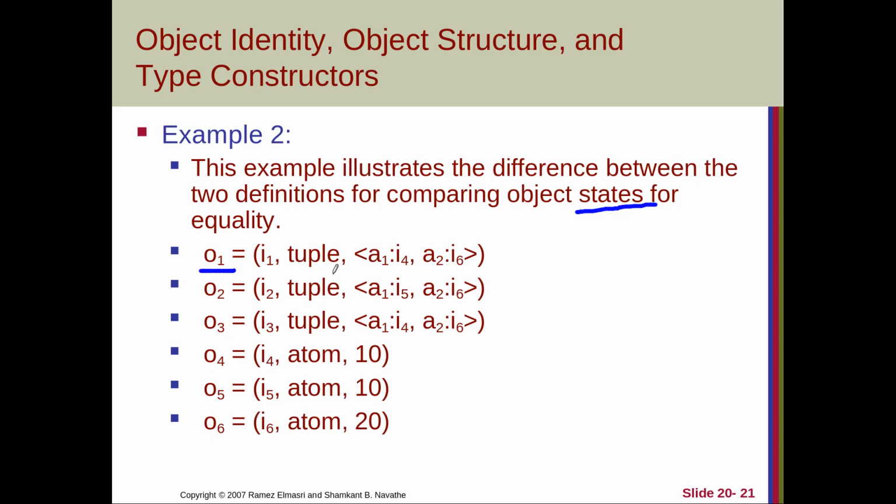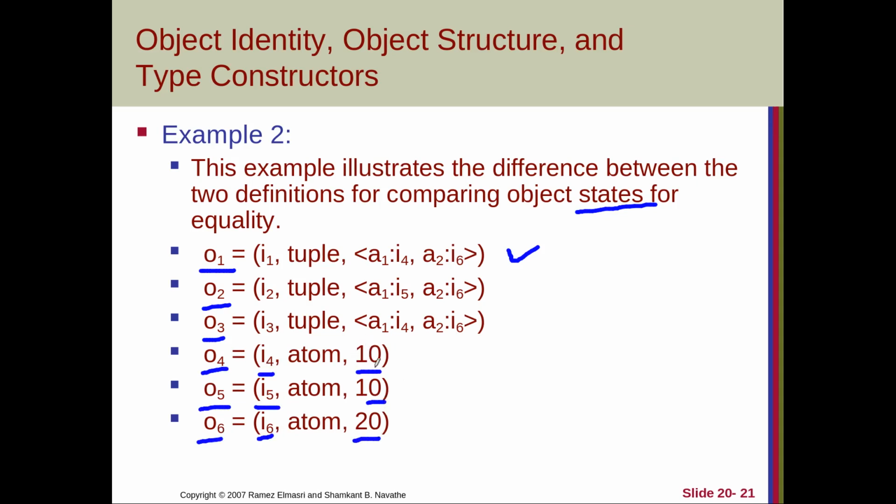It's exactly like the previous notation. Then object 2: I2, tuple A1 I5, A2 I6. Here a random attribute is given. Object 3: I3, tuple A1 I4, A2 I4. Now O4 is I4, atom 10; O5 is I5, atom 10; O6 is I6, atom 20.